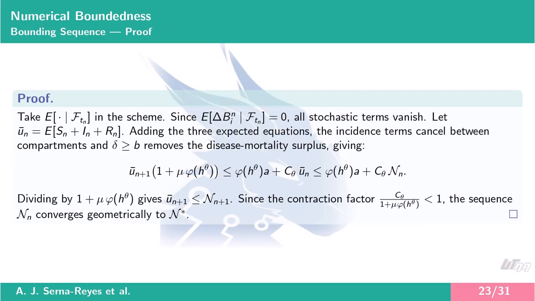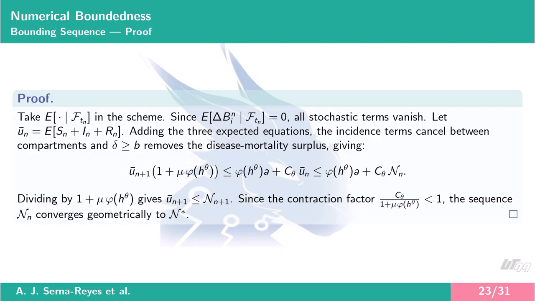The proof proceeds by induction as well. Taking conditional expectations in the scheme eliminates all stochastic terms. After summing all three expected equations, the incidence terms cancel between the S and I compartments. The recovery terms cancel between I and R, and one of the assumptions removed the disease mortality surplus.